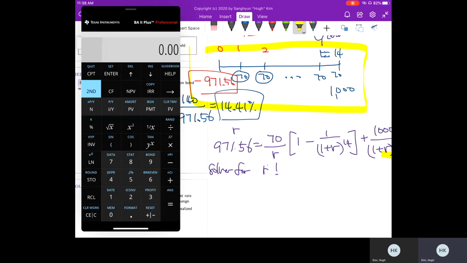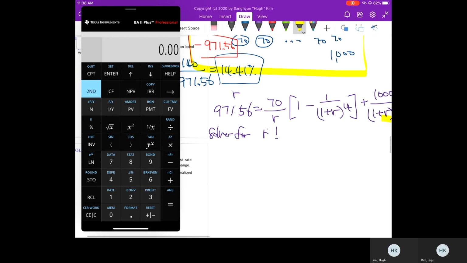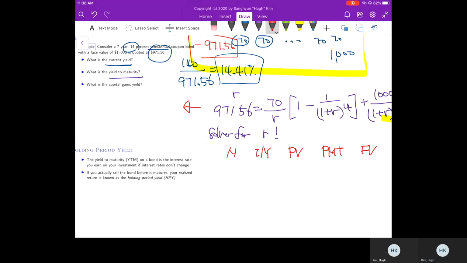So there are 5 keys here: N, I over Y, PV, PMT, and FV.